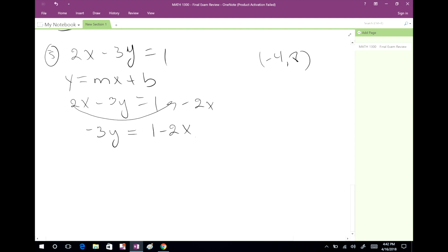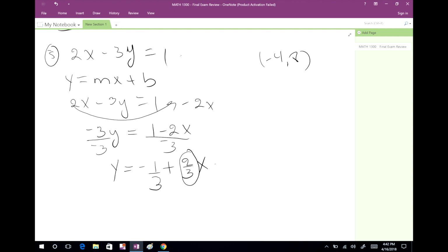Now I want to divide both sides of this equation by negative 3. y is equal to negative 1/3 plus 2 over 3x. Okay, so I put the original equation in slope-intercept form. Now I can see the slope. The slope is 2 over 3 in this case.